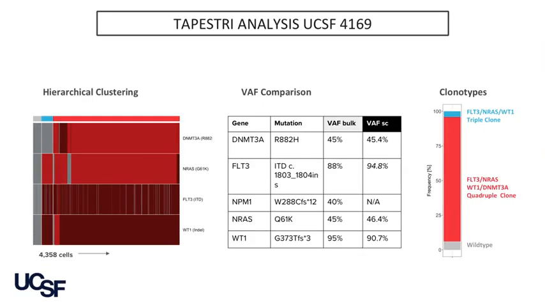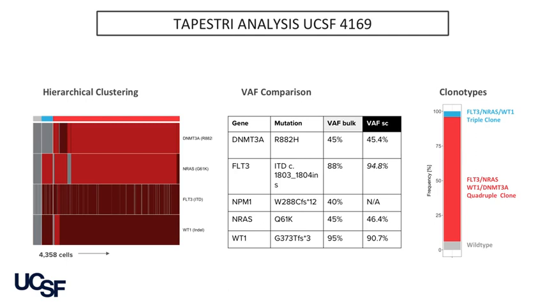Here we show hierarchical clustering of over 4,000 cells obtained in this relapse sample, where each of the lines is a particular cell, and each of these bars represents a mutation. The dark red represents homozygosity, and the light red represents heterozygosity. And what you can appreciate from this is that the vast majority of this relapse sample was heterozygous for DNMT3A, heterozygous for NRAS, and homozygous for FLT3 ITD and WT1.